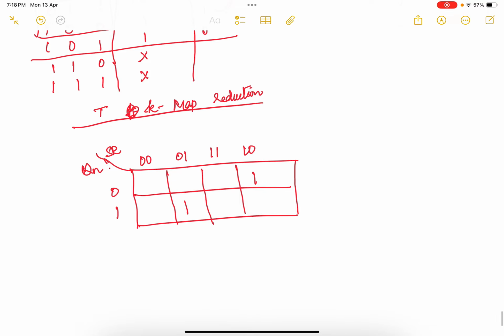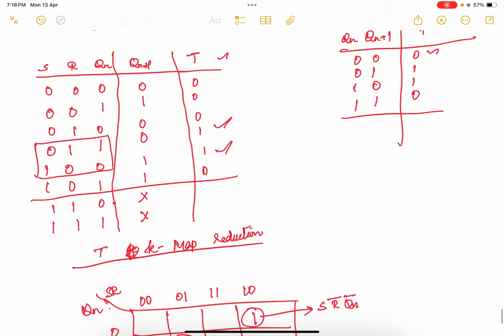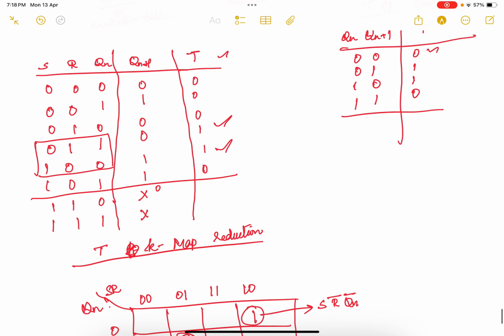Okay, so now this is nothing but S R', S R' Qn', and this will be something like S' R Qn. Okay, S' R Qn. If I segregate this, what will be your answer?